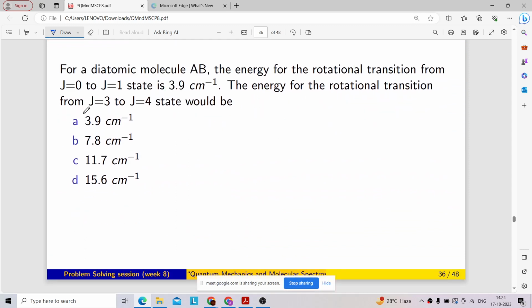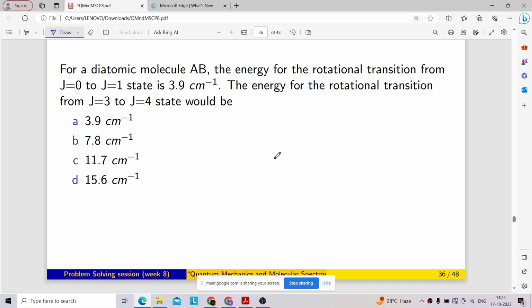Okay, for a diatomic molecule AB, the energy for rotational transition from J equal to 0 to J equal to 1 state is 3.9 centimeter inverse. Then the energy for rotational transition from J equal to 3 to J equal to 4 state would be, which one?